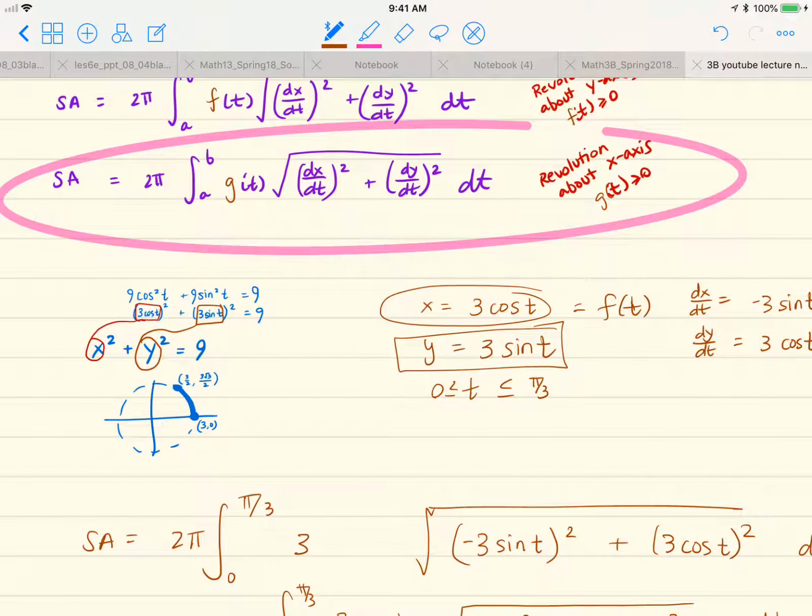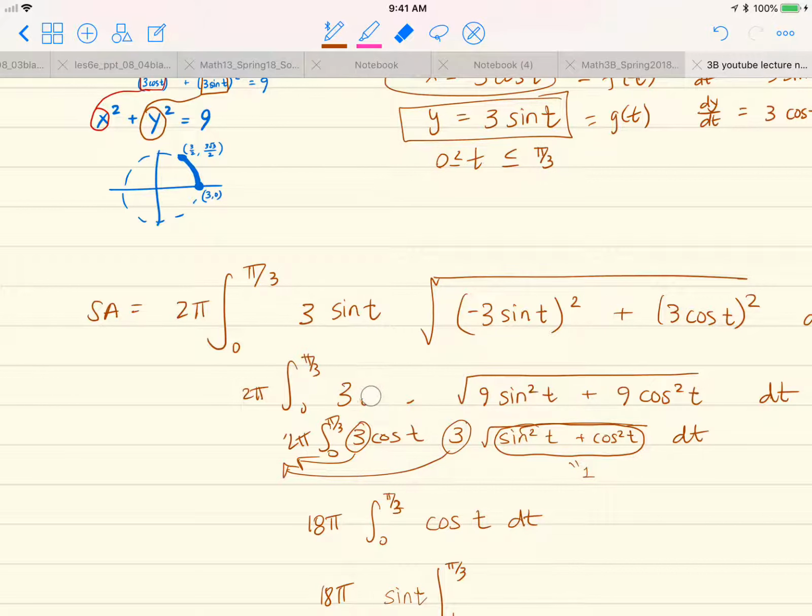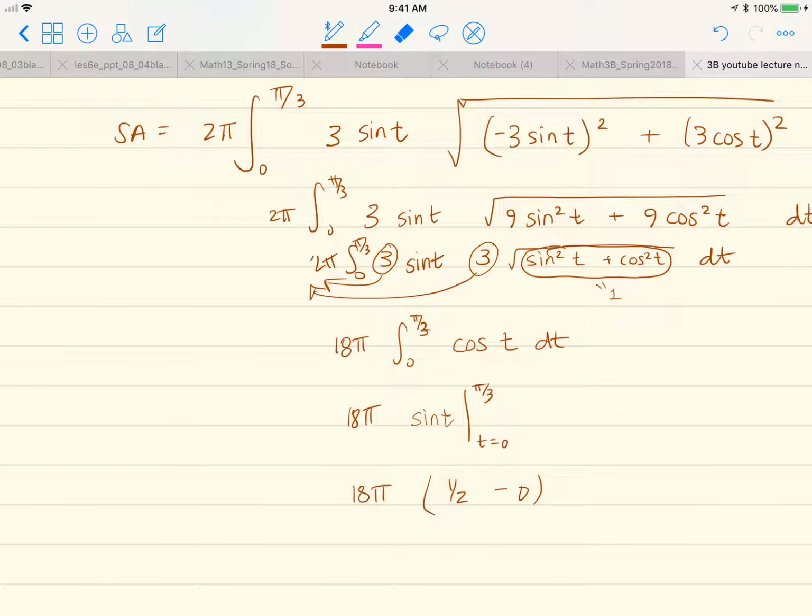Instead of cosine t, because I'm doing g of t, it is 3 sine t. And so now this cosine is going to be sine of t. Now an antiderivative for sine of t is negative cosine t.